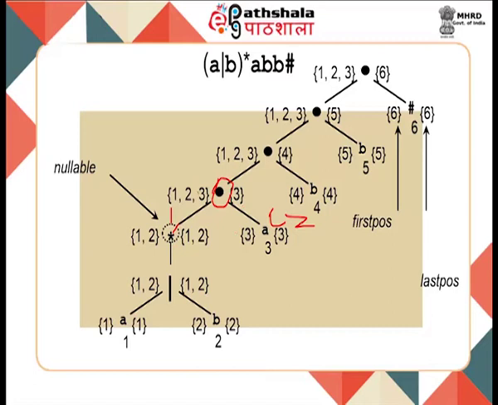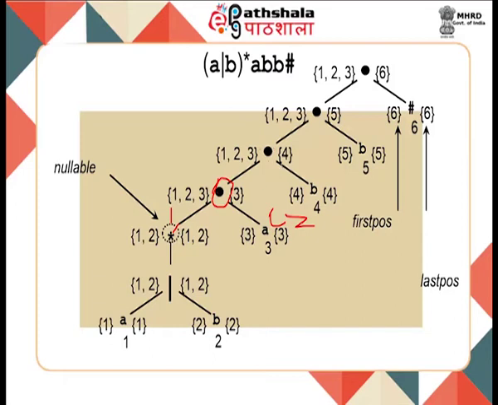So here for this interior node, left child is nullable, right child is not nullable. Since C1 is nullable, first position will be the union of the first positions of this and this, which is 1, 2, 3, and last position is simply the last position of C2. Now for this interior node, C1 is not nullable.